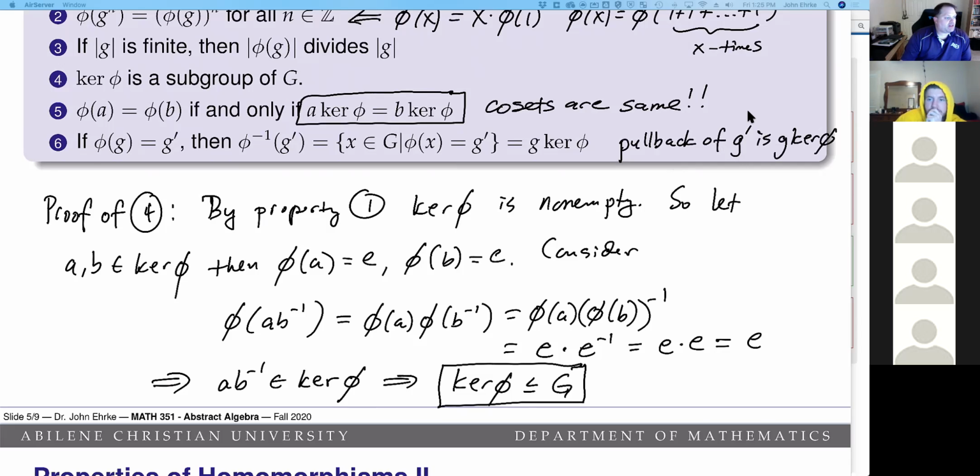So if you have an element in the image and you try to pull it back to the domain, the best you can do is pull it back to a coset. You can't pull it back to a single element that mapped to it because there are multiple elements that potentially map to it. I'll draw an image of this for you probably in Monday's class. But understanding 5 and 6 is really important to what we're going to be talking about here in a little bit.